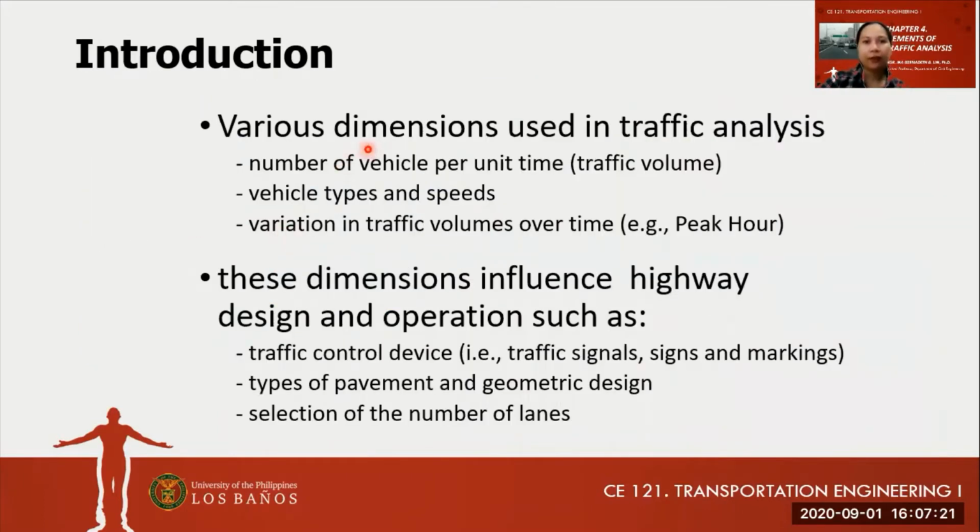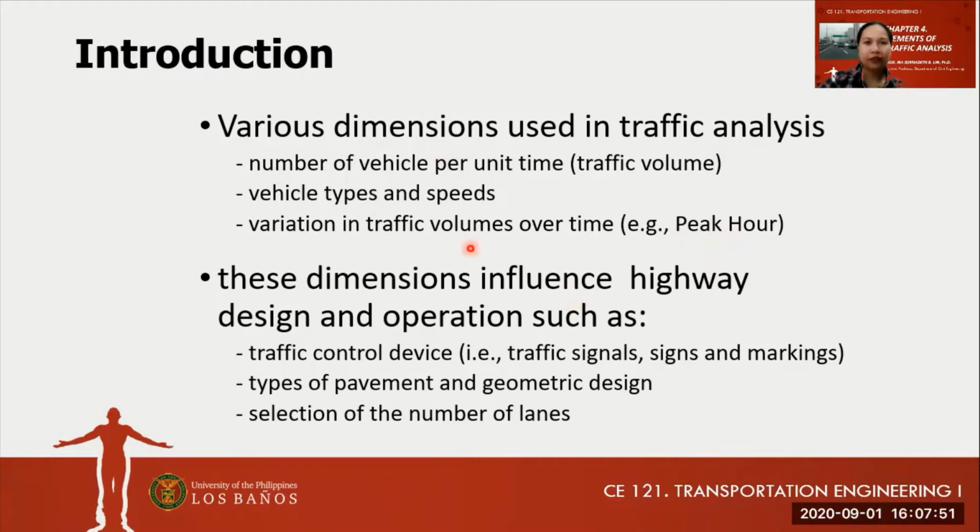There are different dimensions used in traffic analysis, and these are the following: the number of vehicles per unit time, or the traffic volume, the vehicle types and speeds, the variation in traffic volumes over time. For example, we have the peak hour volume, and the traffic volume within other times of the day may be lower than this peak hour volume.